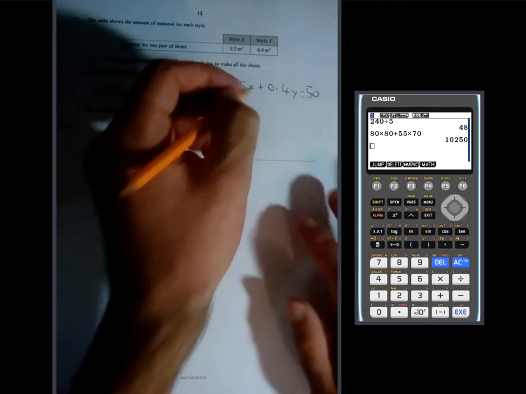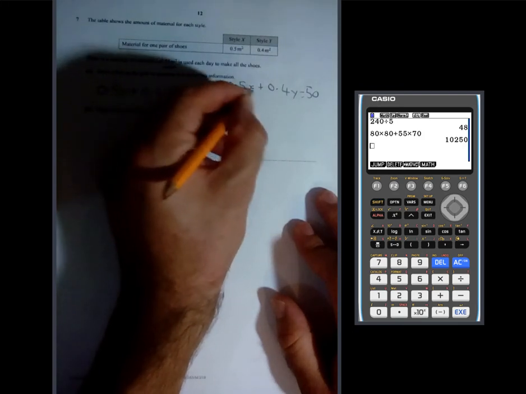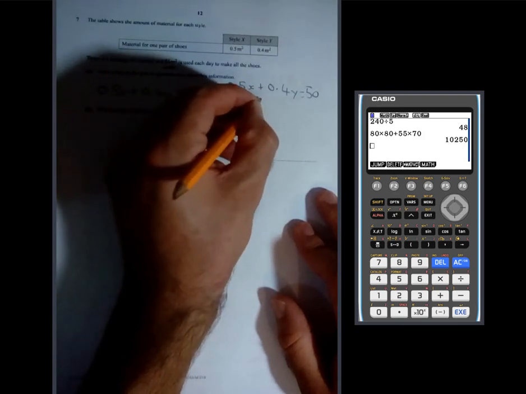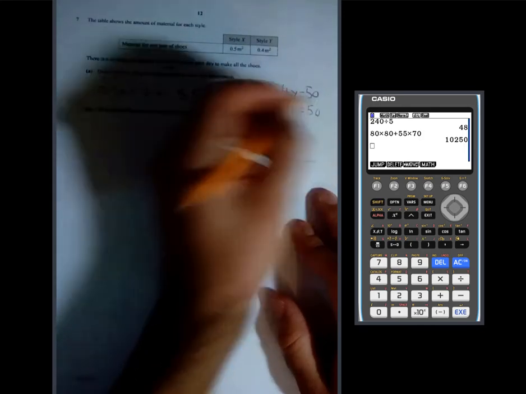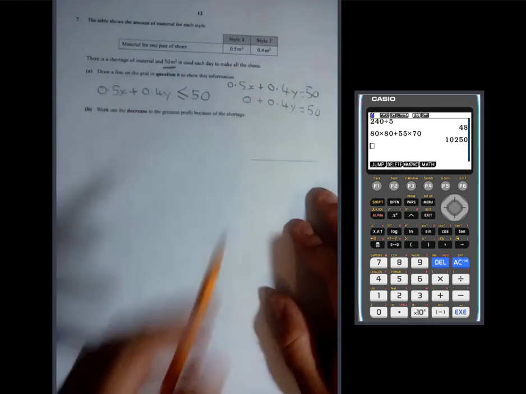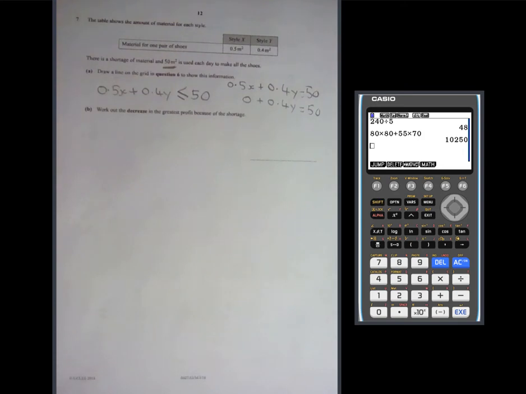If x is 0, so 0.5 times 0 is 0, 0 plus 0.4y equals 50. What does that make y? That's just making x 0. Remember, the equation will be true all the way along this line, so you can make one of them whatever you want and then work out the other. But 0 is really handy.